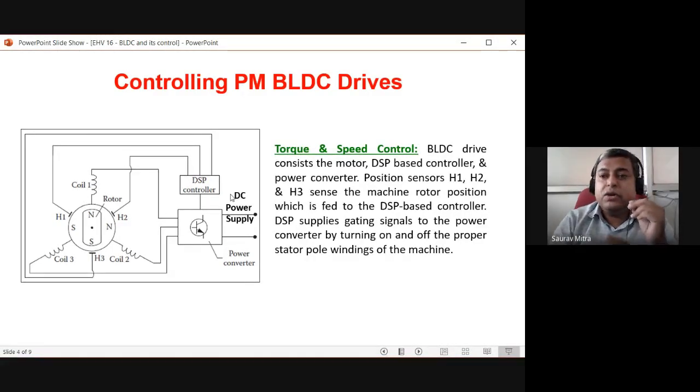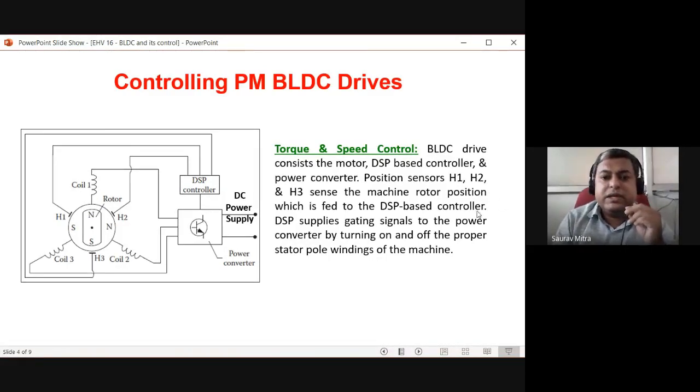If the torque asked is too much, the DSP controller will adjust this input current to the stator, and tell the inverter that more power is asked by the driver. In that case the current from the inverter will increase, and that will be entered to the stator of the motor. The whole process we will see later on, because there are two block diagrams, torque control and speed control. Very shortly we will see that.